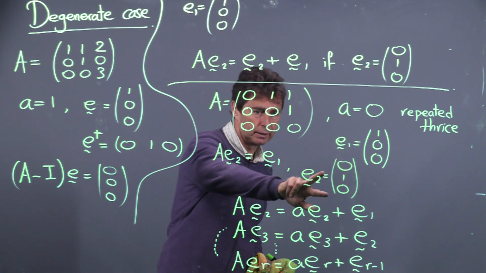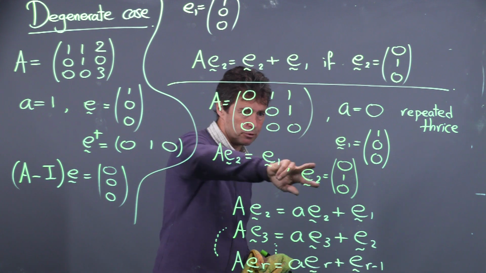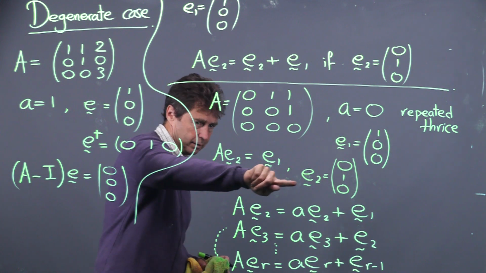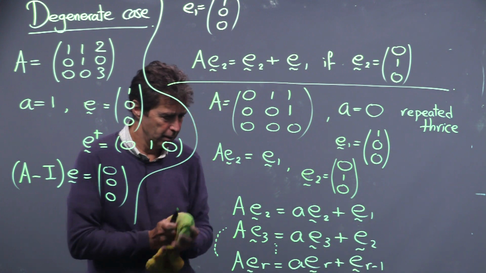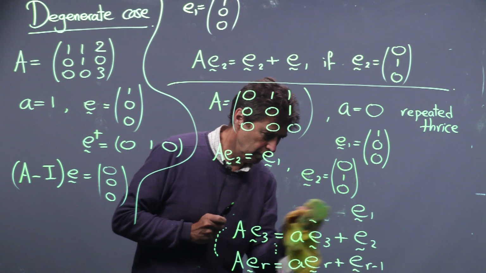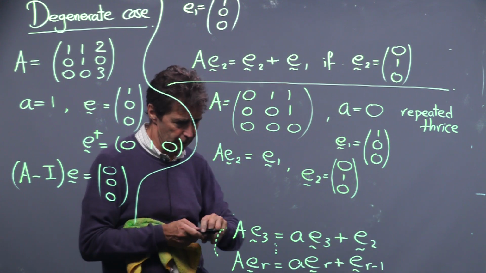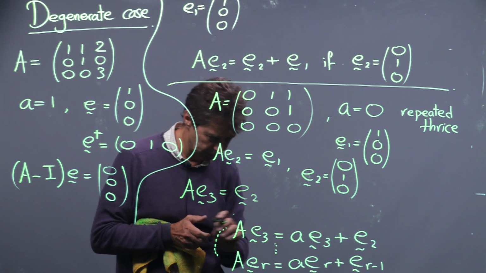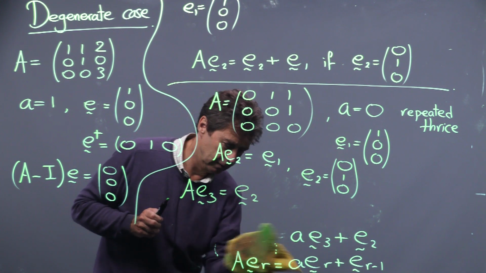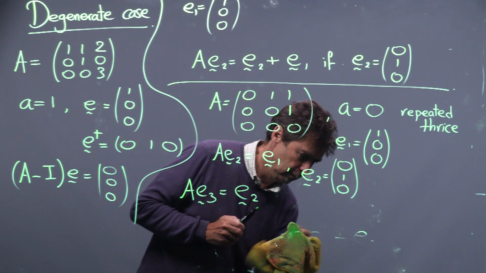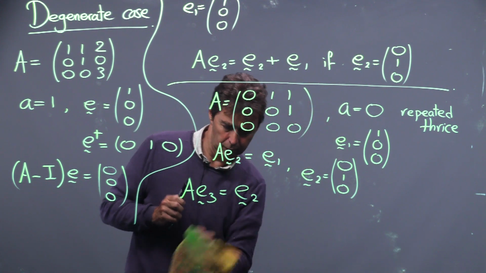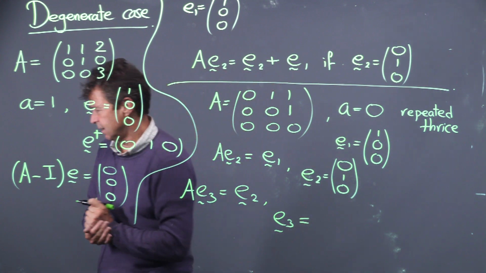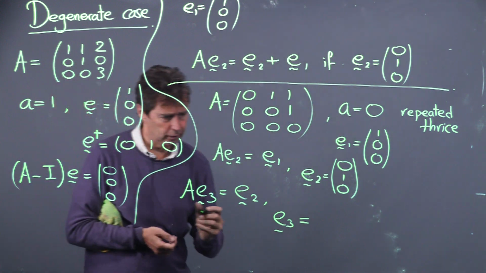Let's just double check. If I take this and multiply by this matrix, I get 1, 0, 0, which is that. So this is good. And then there's the AE3. So AE3 has to equal E2 here because little a is 0. Just doing a little bit of algebra, you can verify that for E3 I can take 0, minus 1, 1.